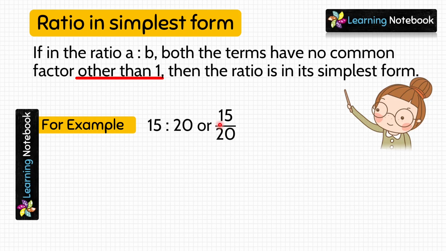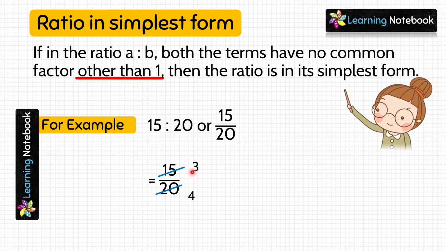Here students, we can clearly see that both the terms of this ratio have common factor 5. So, we will say this ratio is not in its simplest form. So, let's see how to simplify it. To simplify the ratio, we will divide both numerator as well as denominator by the common factor 5.